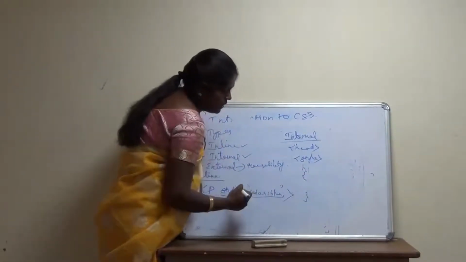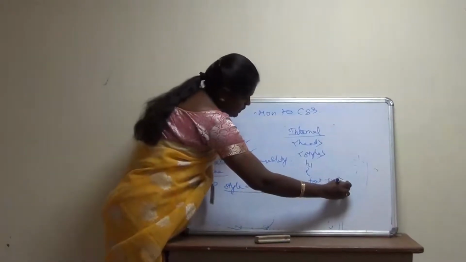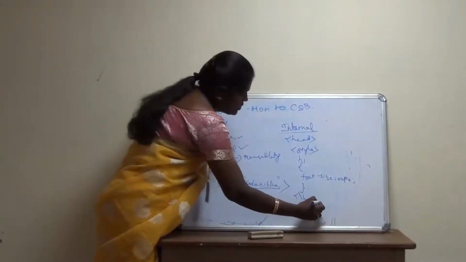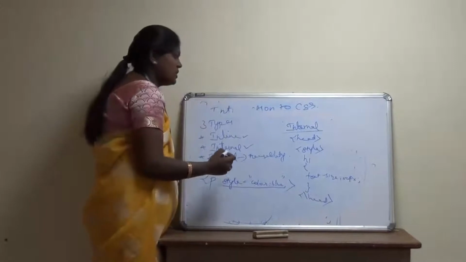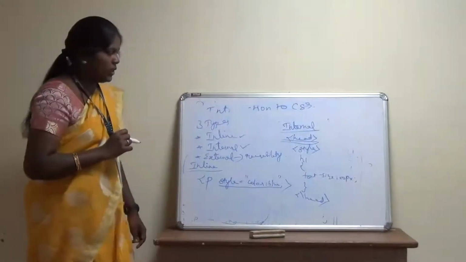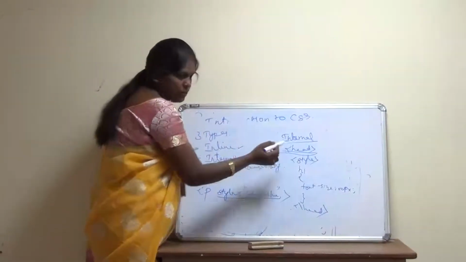So under this I use a curly brace. The font size is 50 pixel. So then I have to close a head. So all the internal style sheets are added within head. We cannot add internal style sheet within a body. So the internal style sheets always come under the header portion.